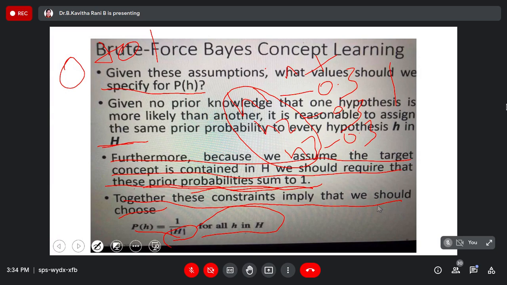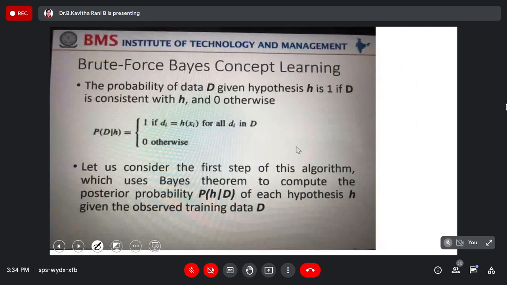The probability of data D given hypothesis H is 1 if D is consistent with H and 0 otherwise. If H is consistent we get an output of 1, and if H is not consistent we get 0.